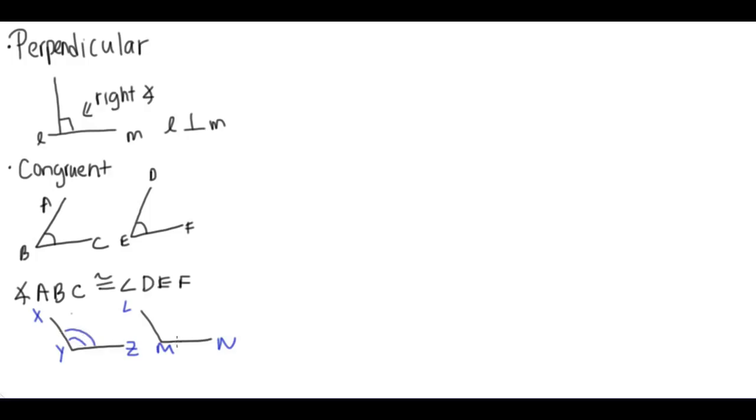But if I'm showing a graph with four angles, I would denote these two with having these two arcs so that you know that these are identical, and that these angles with one arc denotes that these two are identical. So you would write the same thing. Angle X, Y, Z is congruent to angle L, M, N.